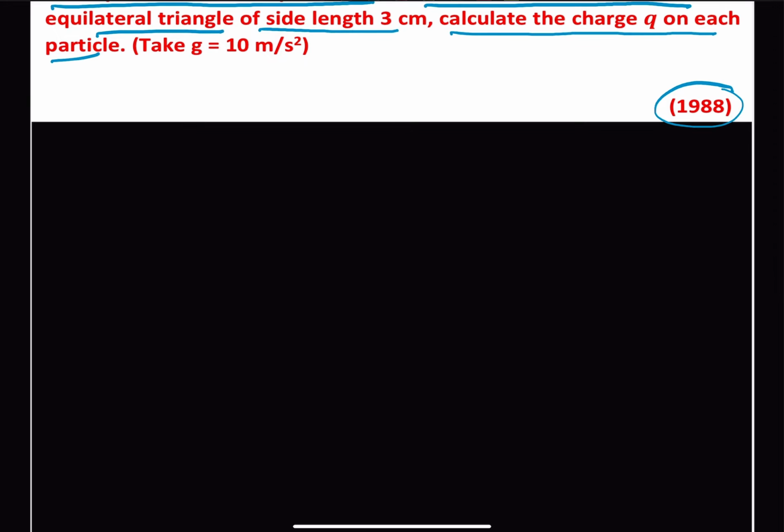So we have a three charge system, and they are in the form of an equilateral triangle. Let us say this is our A, and let us call this our C, and this point our B.